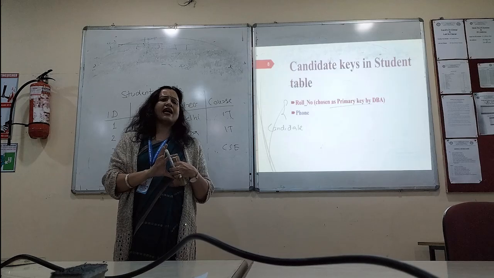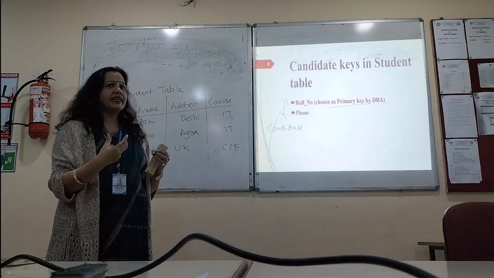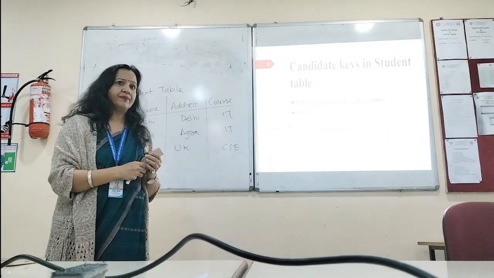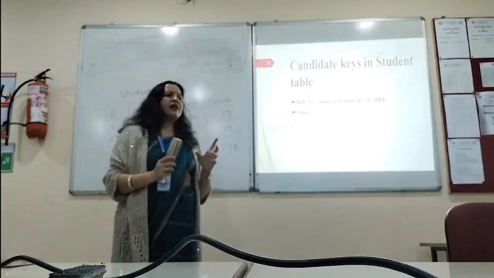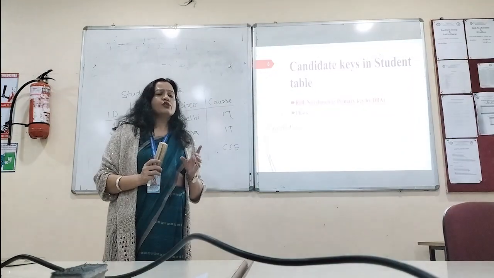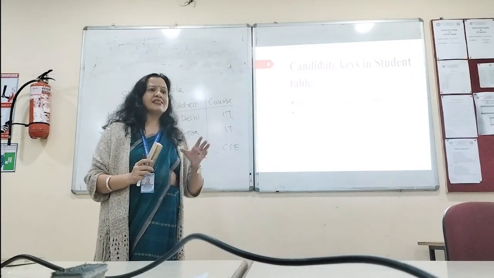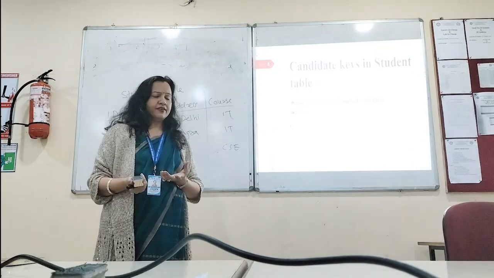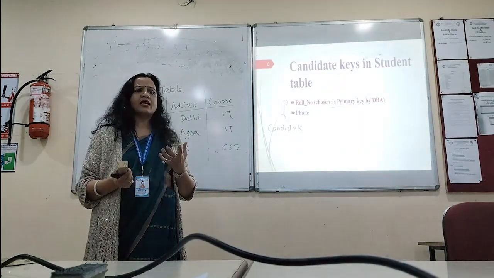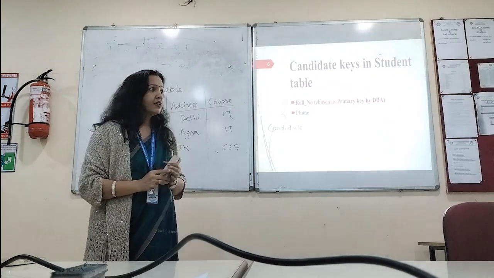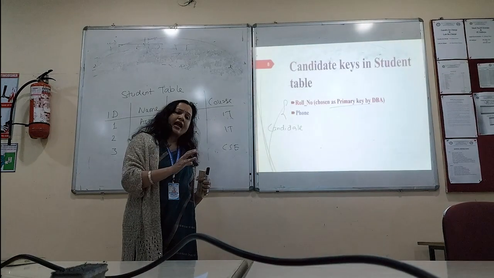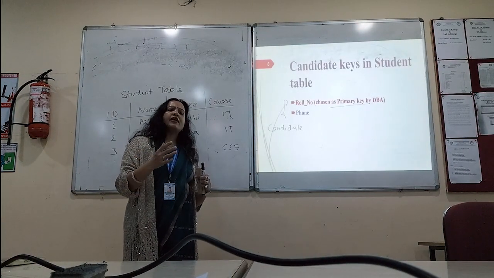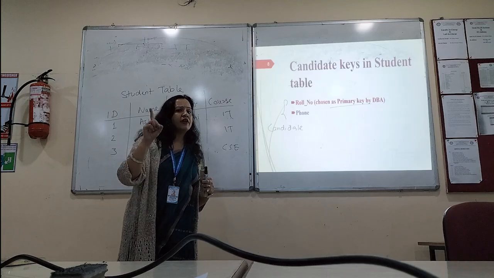I can tell you how to choose a candidate key and how to choose a primary key. Suppose elections are going on, right? In elections, there are several candidates who are pursuing to become an MLA, but all of them cannot become MLA. All the candidates have the capabilities to become an MLA, but only one will be chosen.